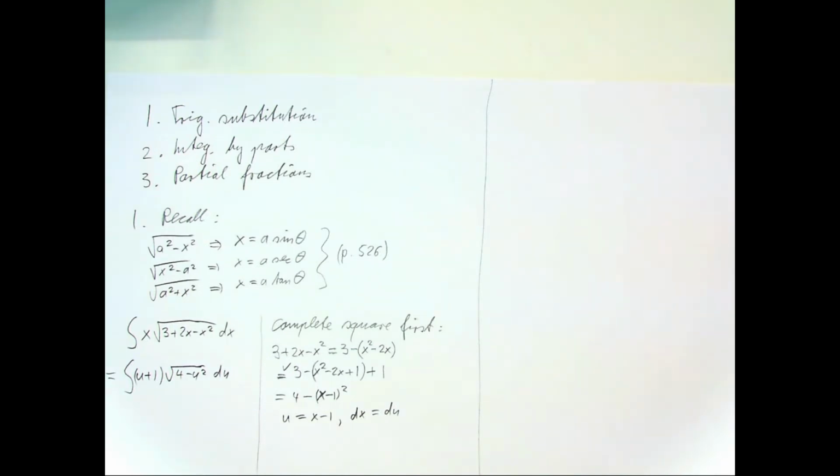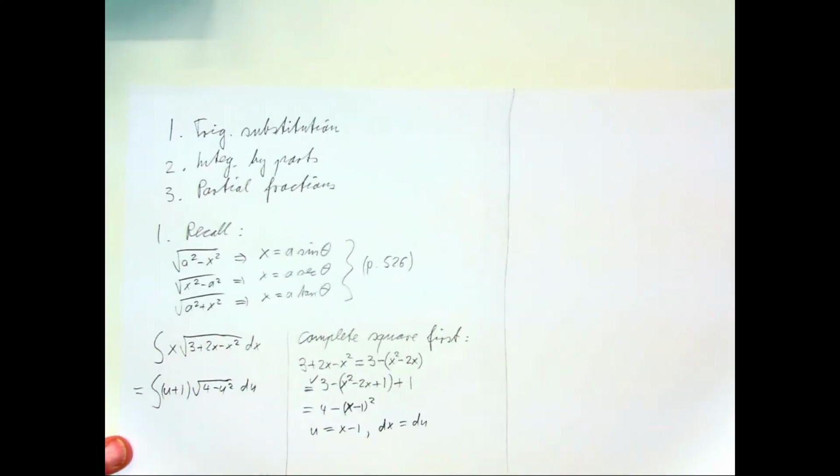Well, okay, now comes the trig substitution. According to the scheme here, it's of the type a squared minus x squared. And so I make the trig substitution u equals 2 sine theta. Then du d theta is, of course, 2 cos theta, so the du is 2 cos theta d theta.